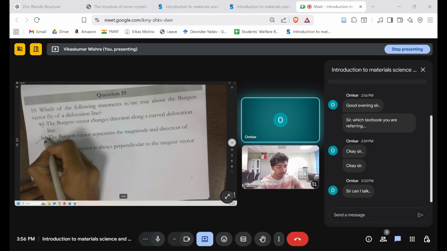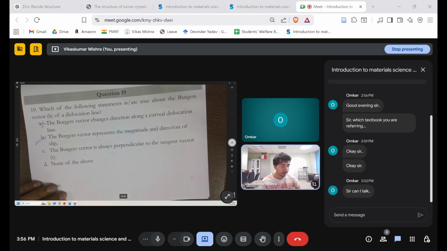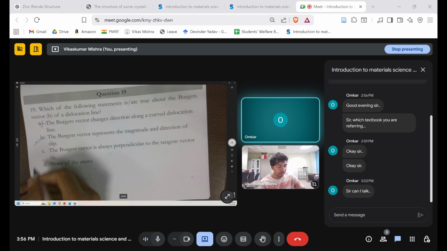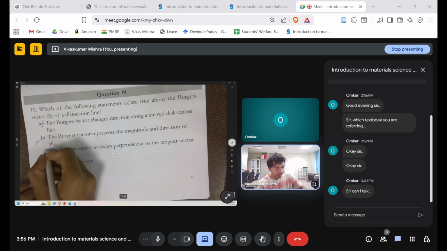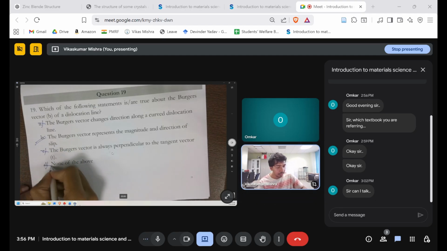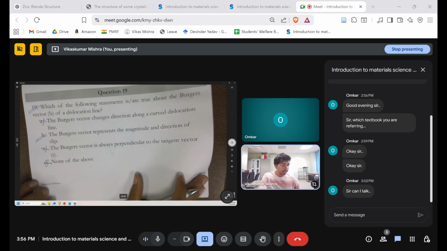That's correct. Next, the Burgess vector is always perpendicular to the tangent vector. That's false, right? Yeah, it will depend upon the nature of the dislocation. So with that, option B is the right answer here. Let's move ahead to the next part, question number 20.